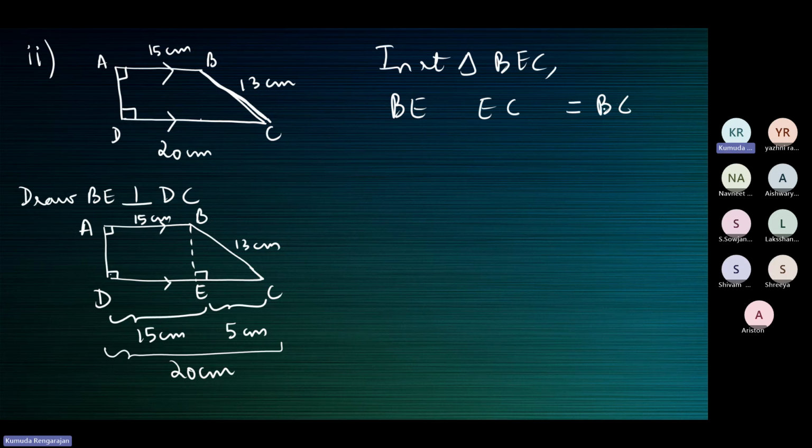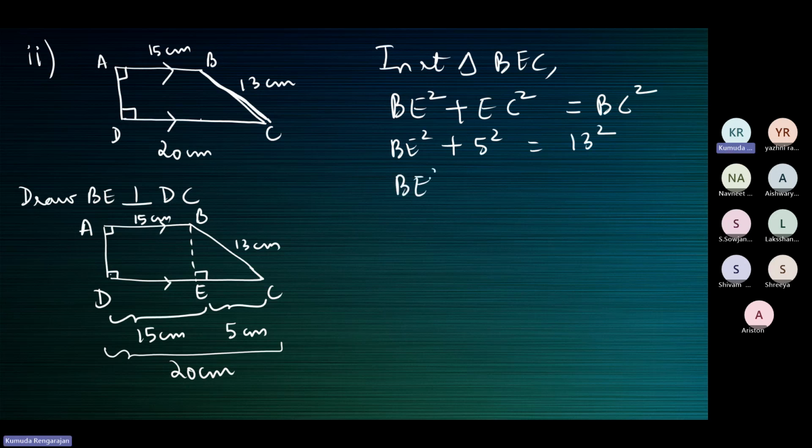BC is the hypotenuse, so I've written it separately on the RHS. Now square all the three sides. The square on the hypotenuse is equal to the sum of the squares of the other two sides. So BE square we have to find, plus EC square, 5 square, is equal to BC square, 13 square.